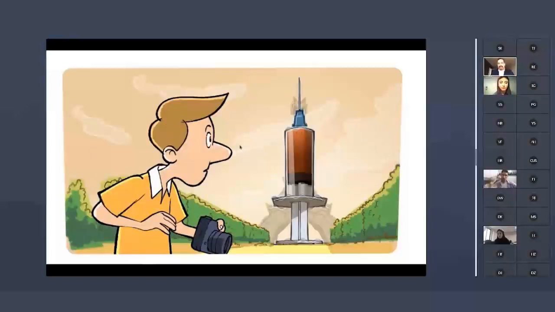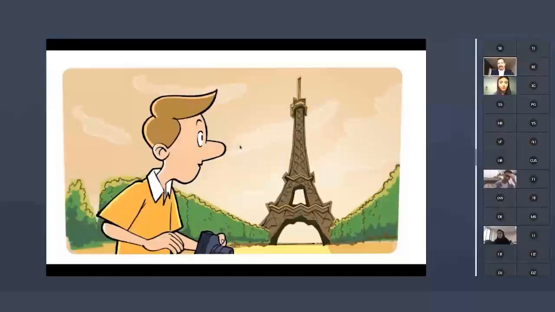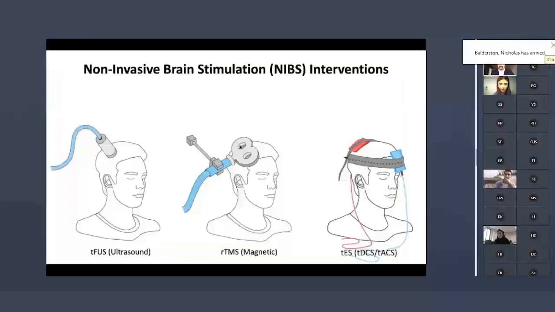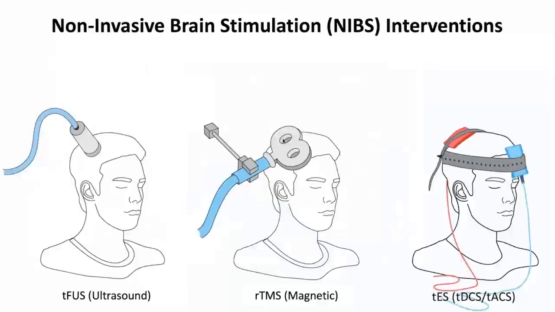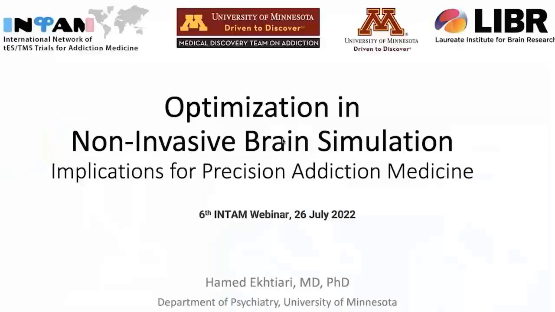And the question is, is there any chance that we can target these networks, these neural circuits, with different non-invasive brain stimulation technologies? We already have a list of different technologies that could be used as non-invasive brain stimulation technologies in addiction. But the question is how we can optimize those non-invasive brain stimulation interventions for people who are suffering from substance use disorder.